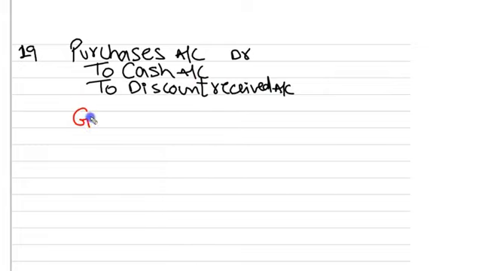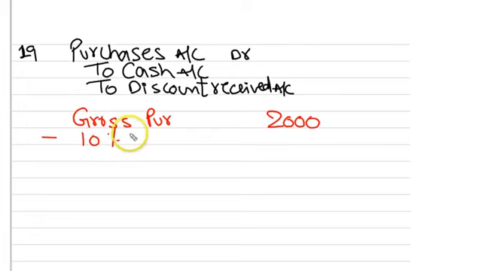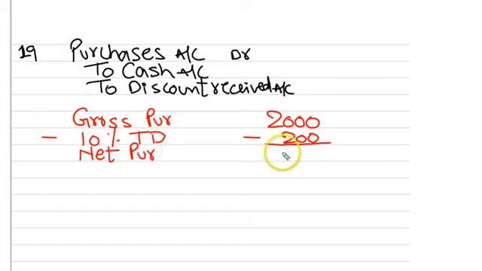Number one, I will start with gross purchases. Gross is without any deduction, which is 2000. From this I need to deduct trade discount, so minus 10% trade discount, that is TD. 10% of 2000 comes to 200. So my net purchase, that is the amount that I am actually supposed to pay, is 1800.